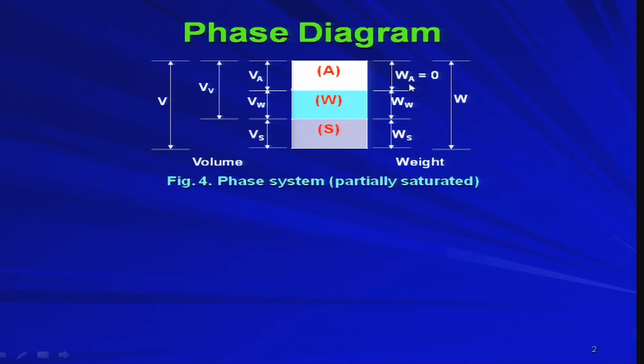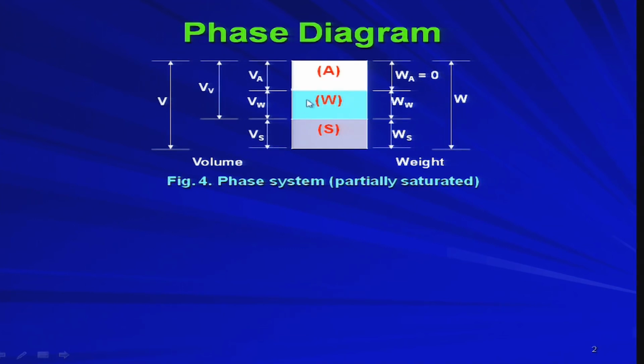On the right hand side we have the weight scale, where Ws is the weight of soil solids, Ww is the weight of water, and Wa is the weight of air, which can be considered as 0. On the left hand side we have the volume scale.